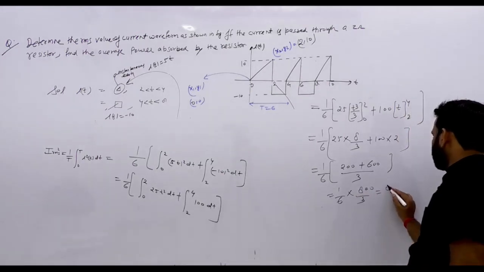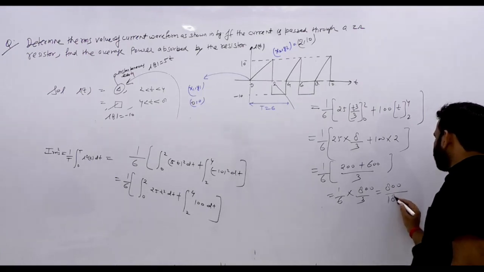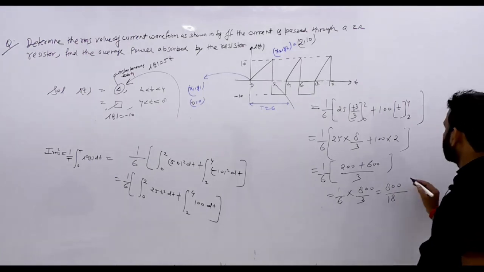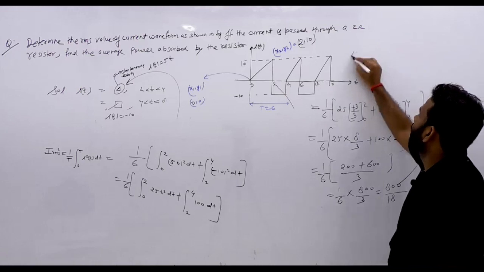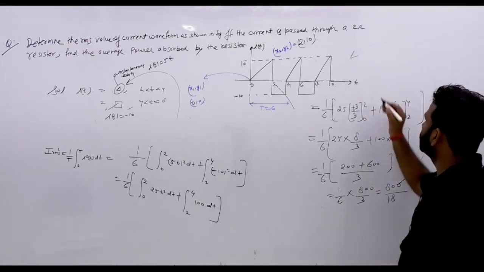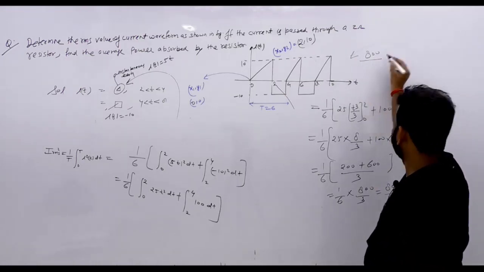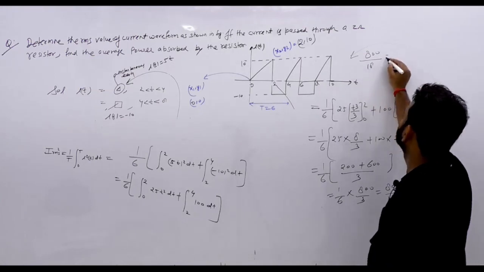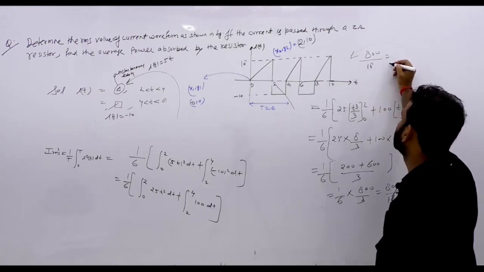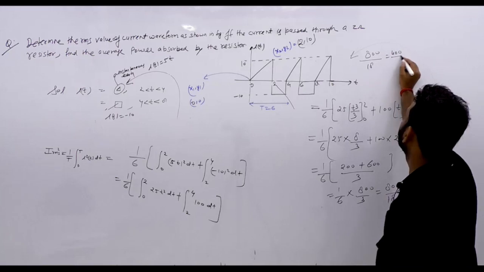So now if you solve this, 800 upon 18. Now if you divide by 2, then it is 400 by 9.